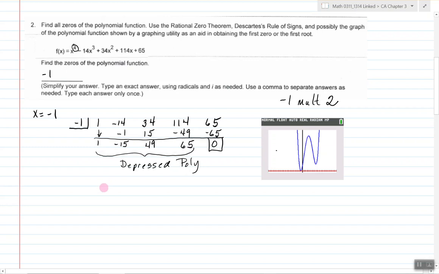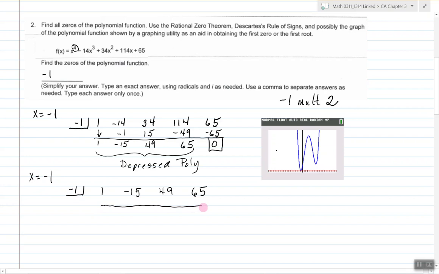What I'm going to do is write it down: 1, -15, 49, 65. Don't write the remainder, just the depressed. And the reason I'm going to divide by -1 again is because it was a double. So it is a repeated 0. I can use it again.